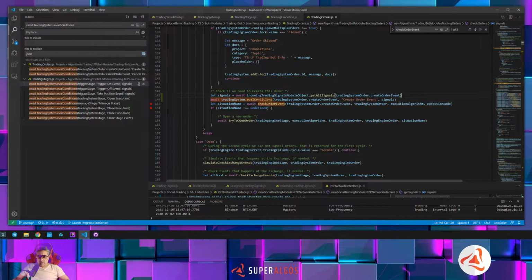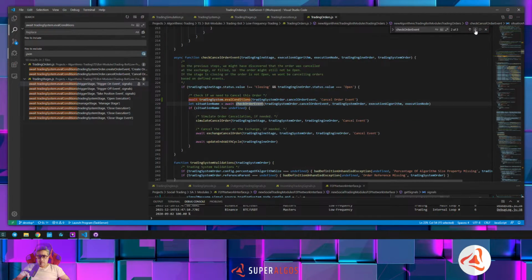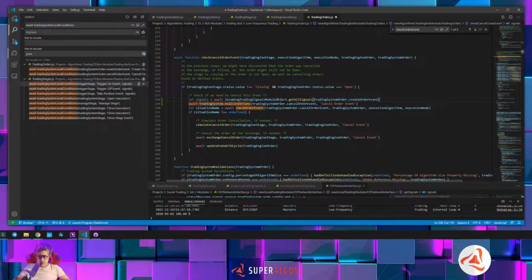So similar to this, I will go to the next one. That is this guy here. And I will get the signals here and send them into the condition evaluation here. Okay.